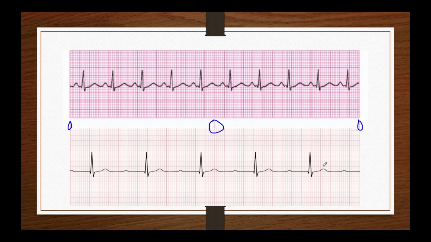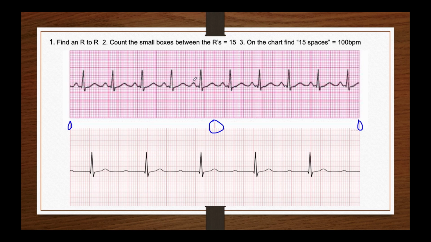Yet we have another method which we use in determining the heart rate, which is the rate determining chart. It's an already prepared chart which has all the heart rates on it, and so what we do is we find 2 R waves. So this is going to be our first R, and this is going to be our second R. So we count the small boxes which occur between these 2 R's, and so we have one big box here, another here, so we have 10 already.